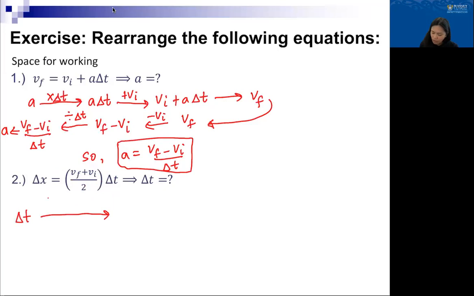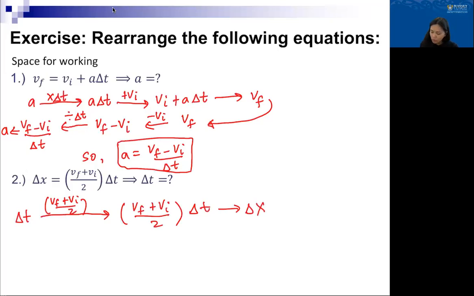And you can just multiply with the whole thing, bracket VF plus VI over 2. And that immediately builds the equation VF plus VI over 2 times delta t, right? And that is equal to delta x.